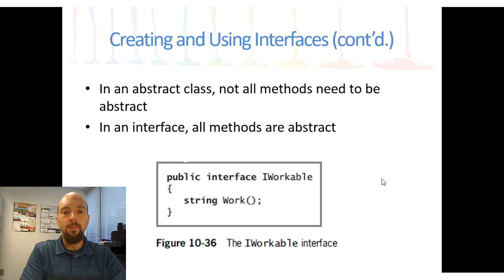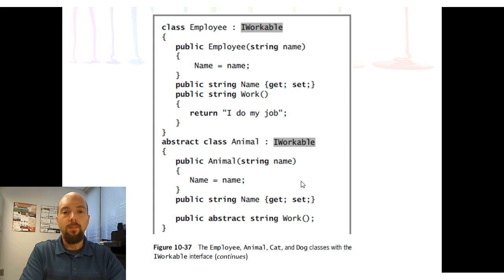All right, so we're going to use this interface, and in this case it's called IWorkable, and we're going to make this employee a child class of the interface called IWorkable. What this does is it makes it where anything that gets declared for that interface would be allowed to be used by the employee as if it actually inherited all the properties from that particular class.